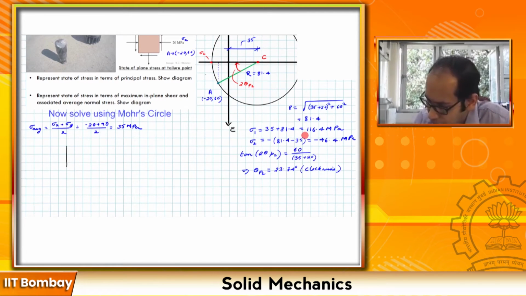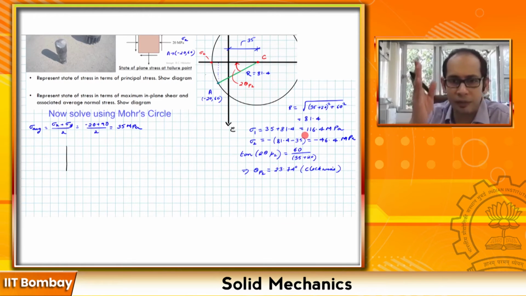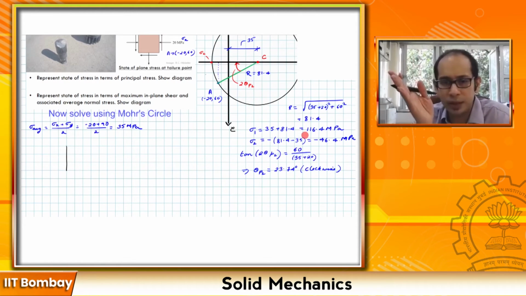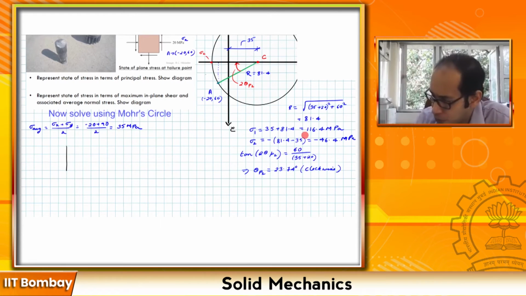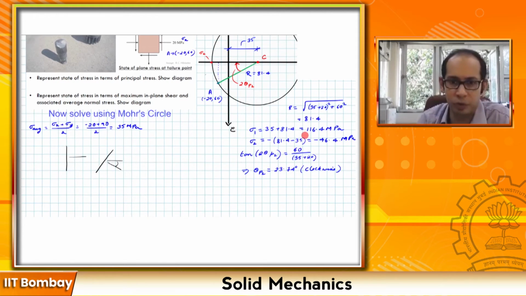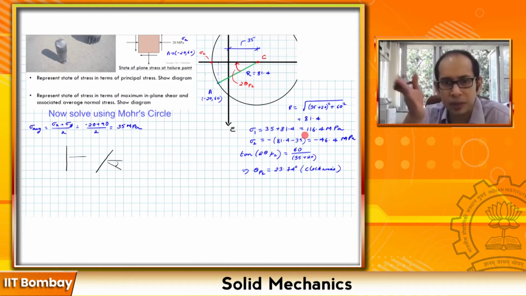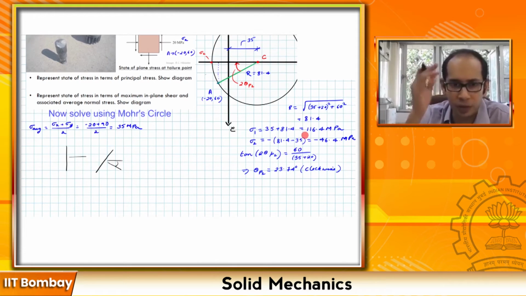If this was my original starting point over here, I am having to rotate that clockwise by 23.74, so that I am preserving this angle of 23.74. Once one of the sides is fixed, the other sides you can automatically mark.